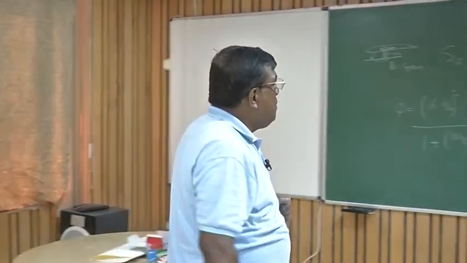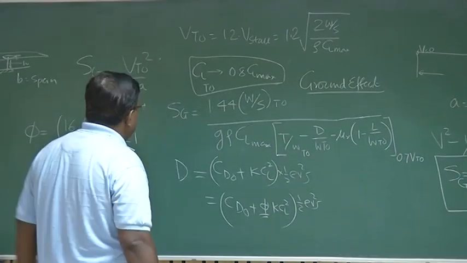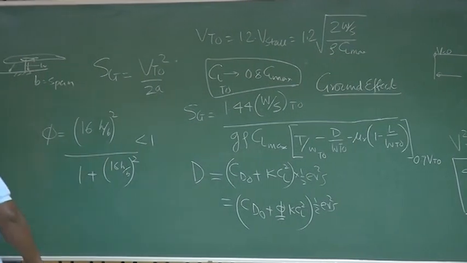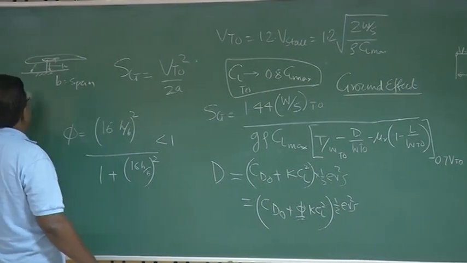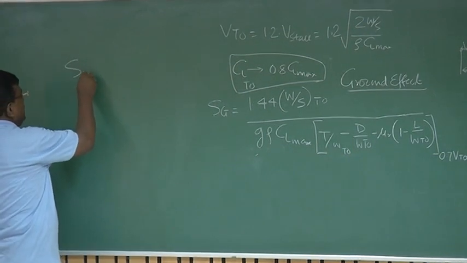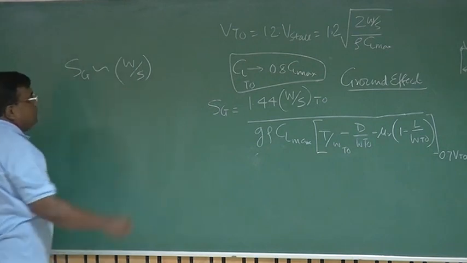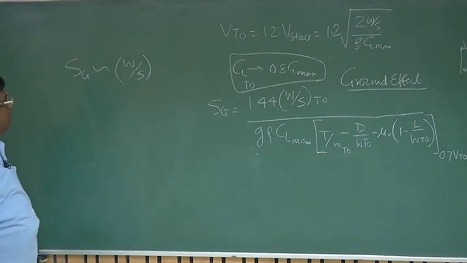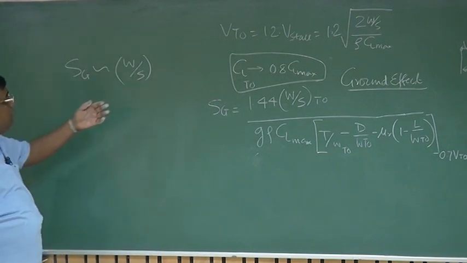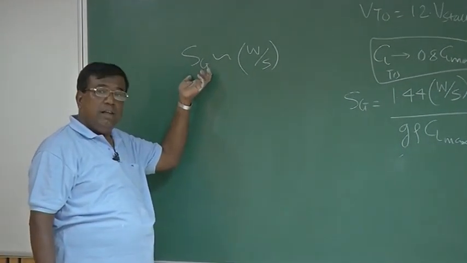Okay. Now we'll come back here and try to give an interpretation to this SG, and from the designer's eye we'll try to get some inference. What do I see? I see SG is proportional to W by S. Okay? That is, if wing loading is less, SG is less.